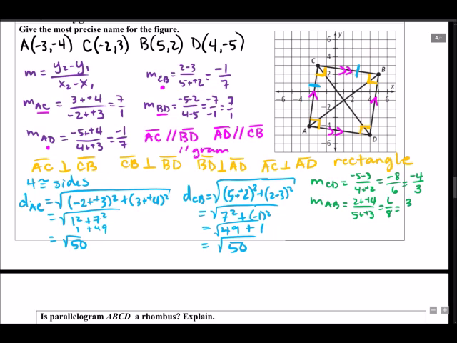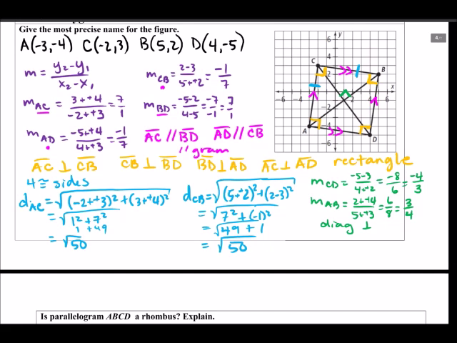Divide by 2 equals 3 over 4. This makes our diagonals perpendicular, right? That would be a rhombus as well.